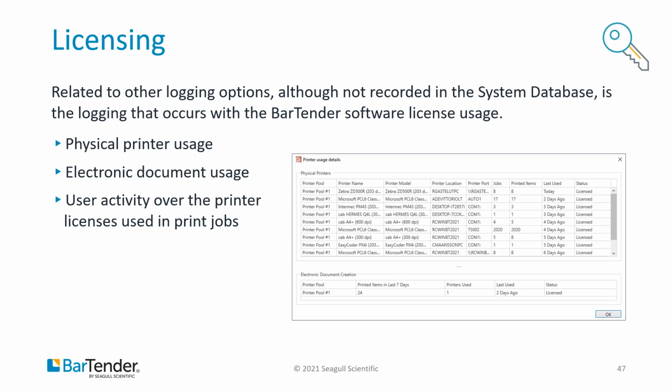All of this information is stored and logged in a separate database, which is managed by the license server component of BarTender. It is not actually stored in the BarTender system database itself.